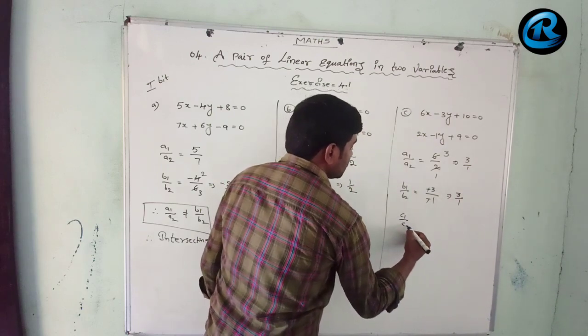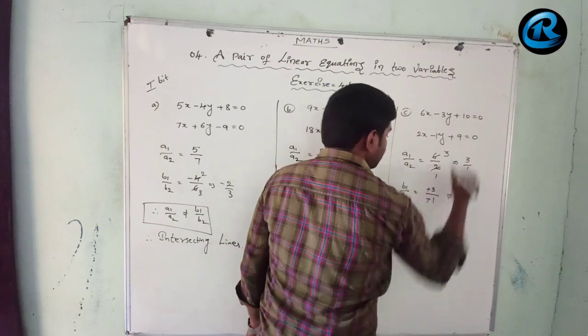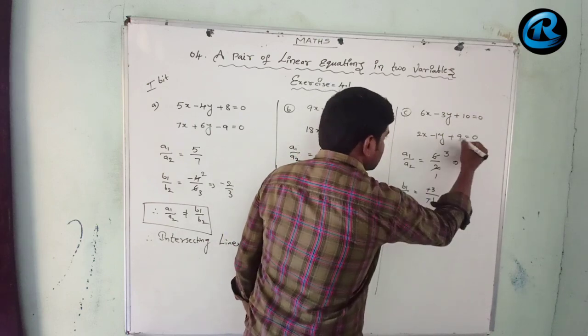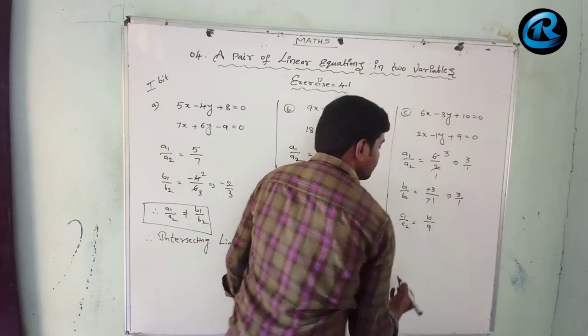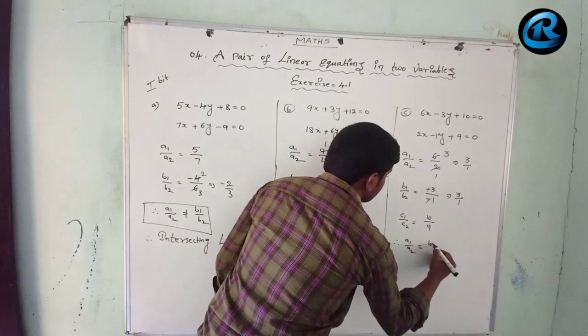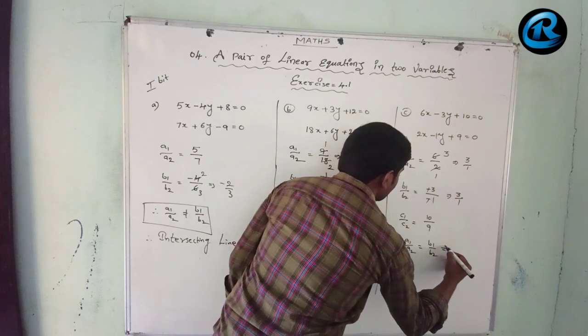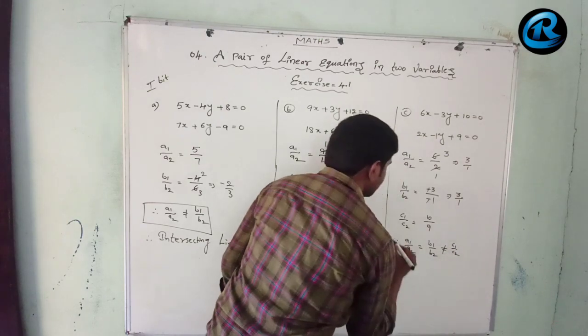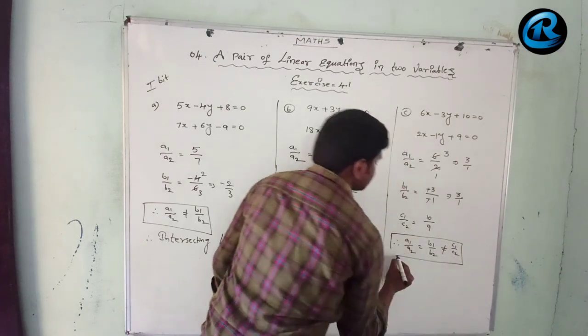Then c1 by c2: c1 is 10, c2 is 9. So we can conclude that a1 by a2 is equal to b1 by b2, but b1 by b2 is not equal to c1 by c2.